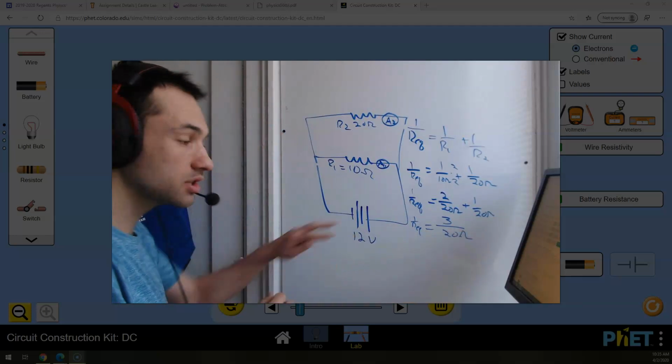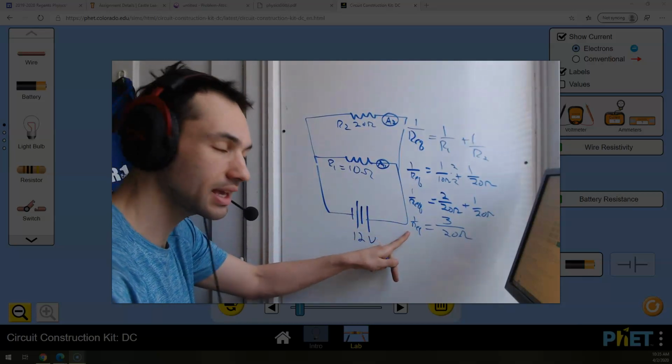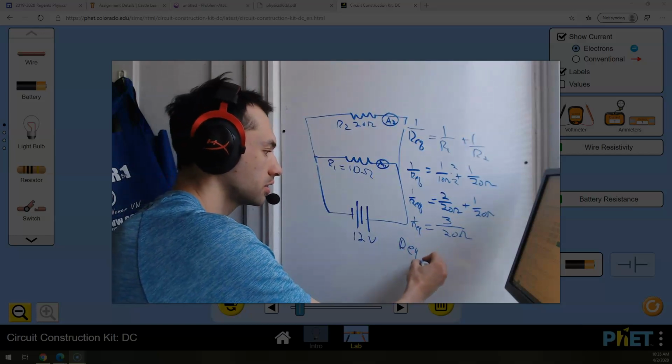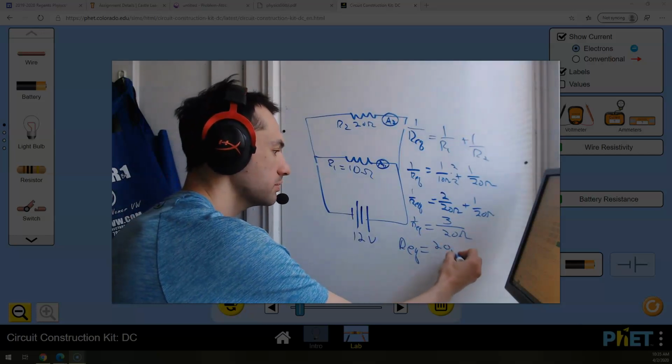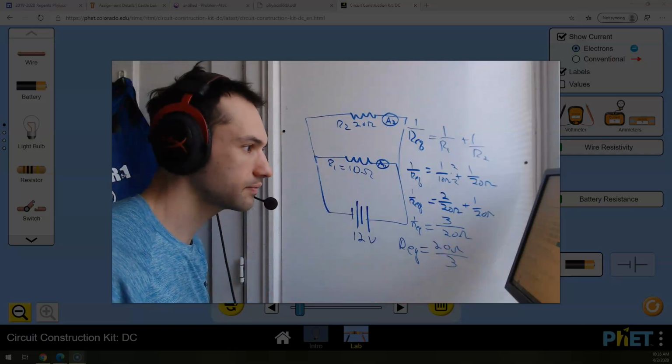And the next thing I'm going to do is flip everything over because that 1 over Req is not the answer. I have to flip it. So Req will equal 20 ohms over 3. All right.